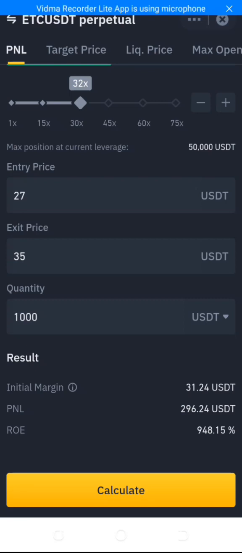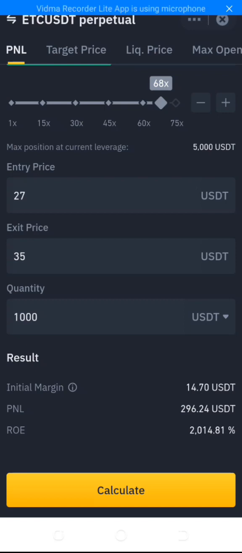So what if I increase this to 60x leverage or 68x leverage? Then for me to trade with $1,000, I just need like 14 USDT to trade. But you have to know this: the more you increase your leverage, the higher the chances of you losing your money in any negative movement. But it can also make you a whole lot of money in any positive movement. That is all about leverage and calculating our trade.